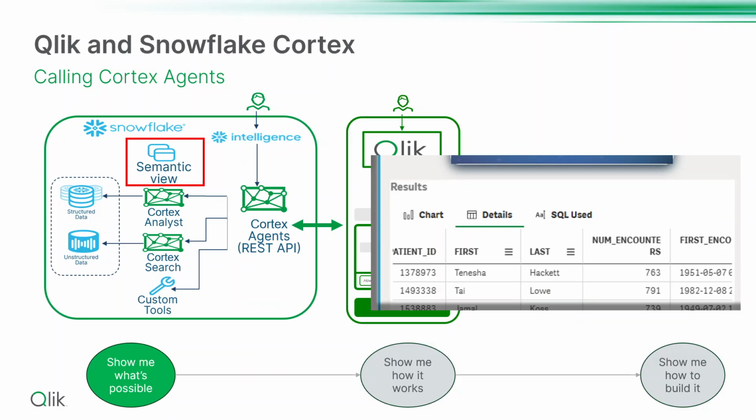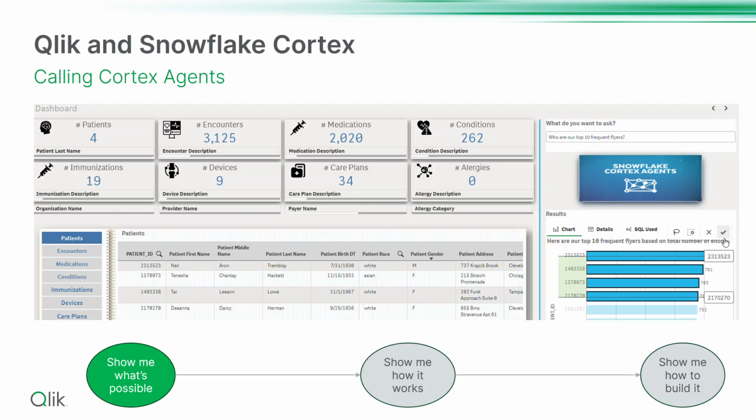Think it can't get any cooler? Oh, it can. That information coming back from the Snowflake Cortex agent is put into our associative engine. And the big win for you, giddy up, is that you can interact with those results to see any other piece of information you desire.